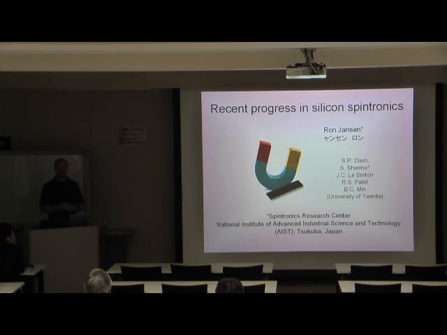Now, why are we interested in implementing spin functionality into silicon? It's often stated that silicon is an attractive material for spintronics because the spin degree of freedom is only weakly coupled to other degrees of freedom in the material. This is because the spin-orbit interaction is relatively low.